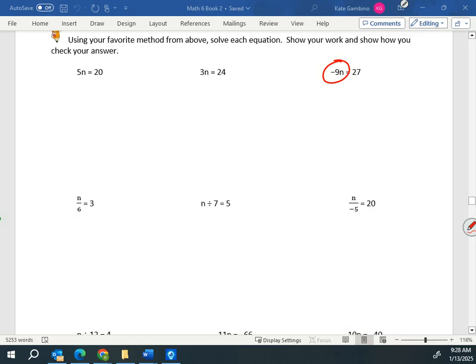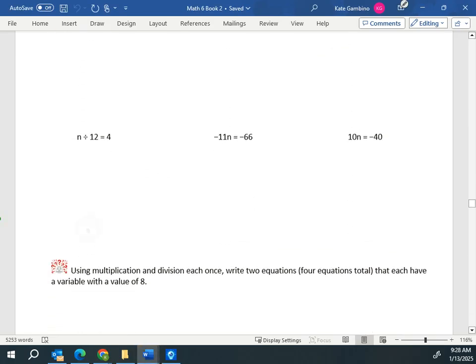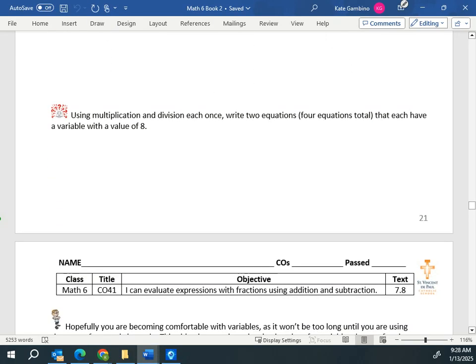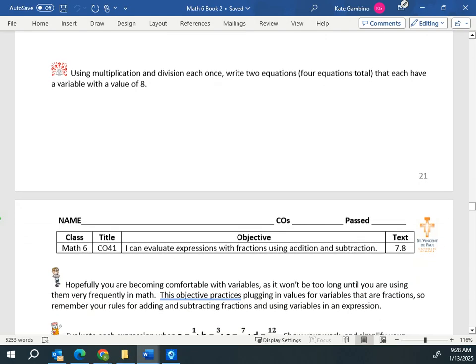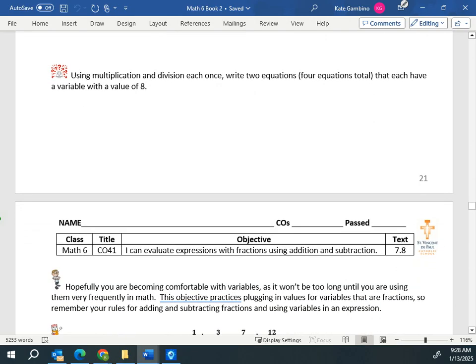But we're using negative numbers, so make sure you remember those rules. Because if your answer is supposed to be negative and you leave it positive, it will be wrong. A negative 9 is very different than a positive 9. So make sure you're paying attention to those negative numbers and the rules that we have for multiplying and dividing by negatives.